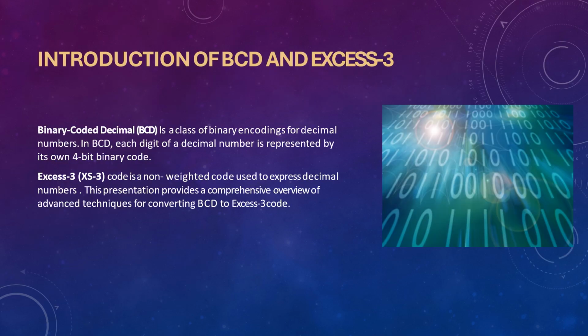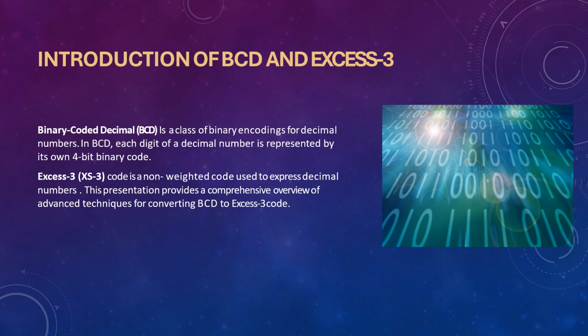So, introduction of BCD and XS3. BCD is binary coded decimal, a class of binary encoding used to represent decimal numbers. In BCD, each digit of a decimal number is represented by its own 4-bit binary code.